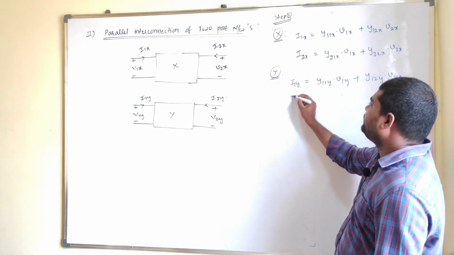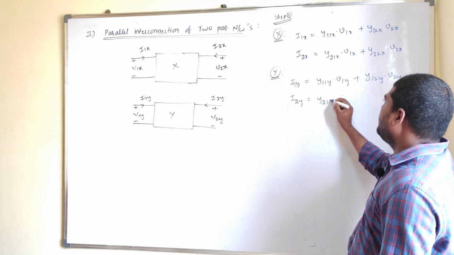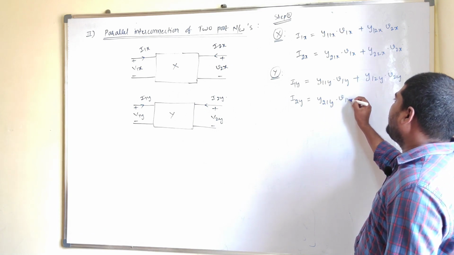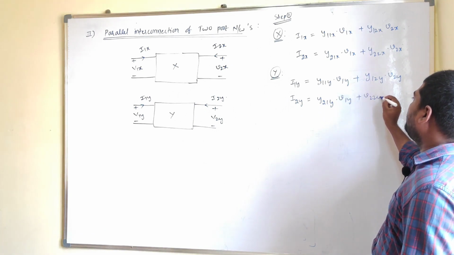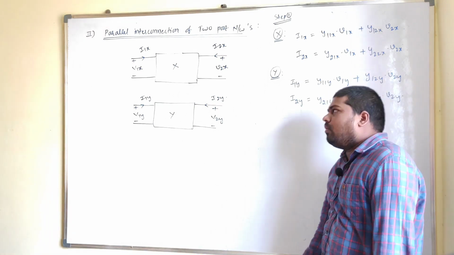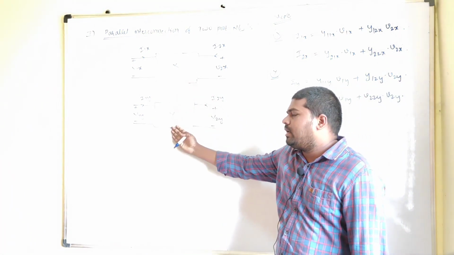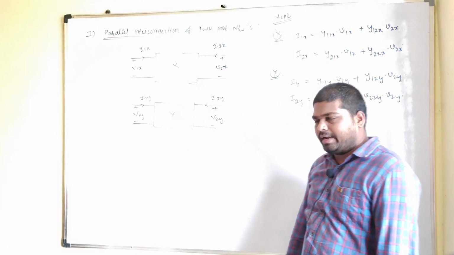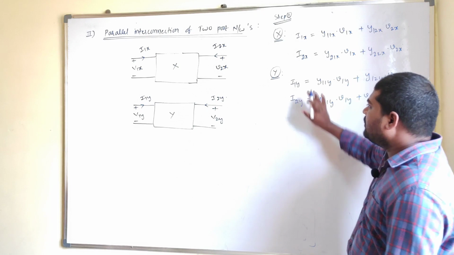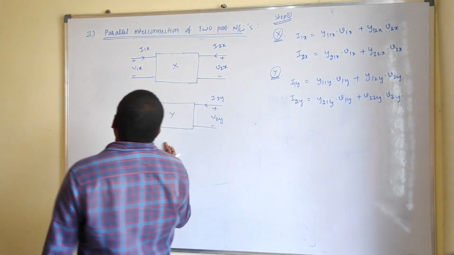In a similar way, I2y equals Y21y into V1y plus Y22y into V2y. So these are the Y parameters for the individual X two-port network as well as the Y two-port network. Step 1 is completed. Now we can come to the configuration.